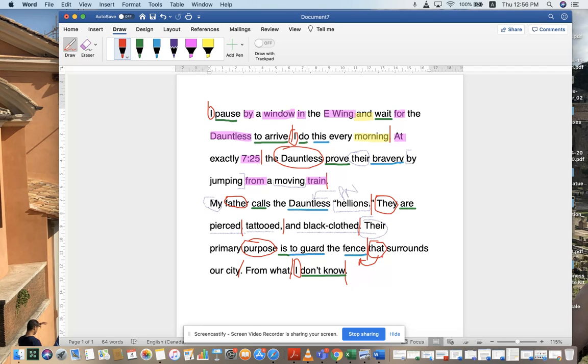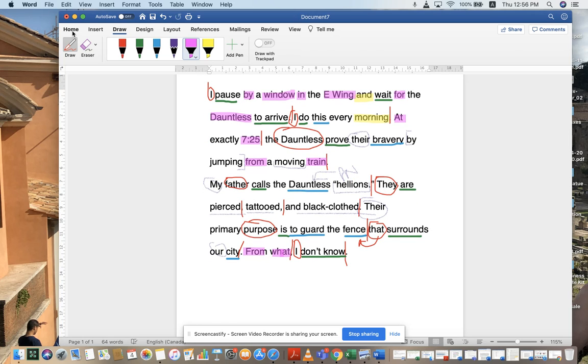So this should be a which because it's the subject of its own relative clause. And right after it comes the predicate, surrounds. And what does it surround? It surrounds the city, which is a direct object, and whose city? Our city. Next, from what? From, preposition, object of the preposition, and I don't know, we've already completed.